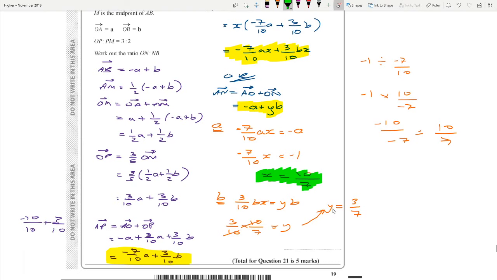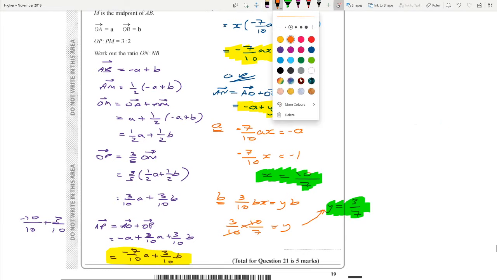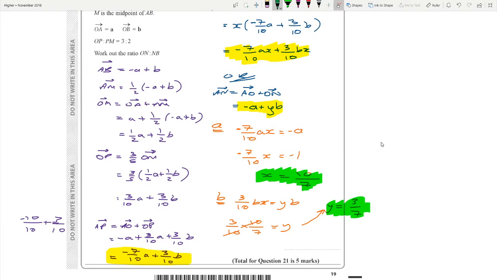Nearly there. We can work out now that y is 3/7. Let me get rid of this working out now.